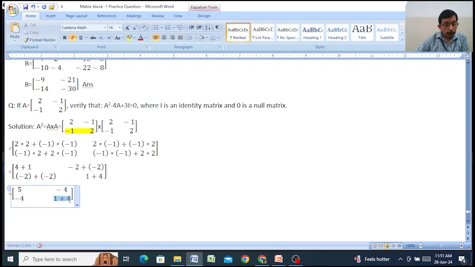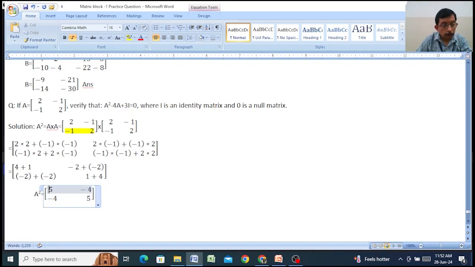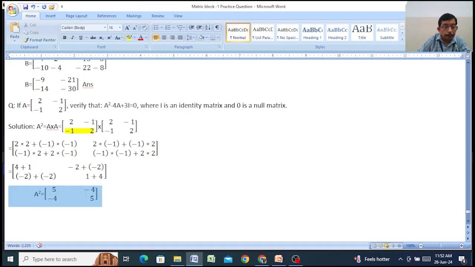One plus 4, 5, note down 5. This is the value of A square.